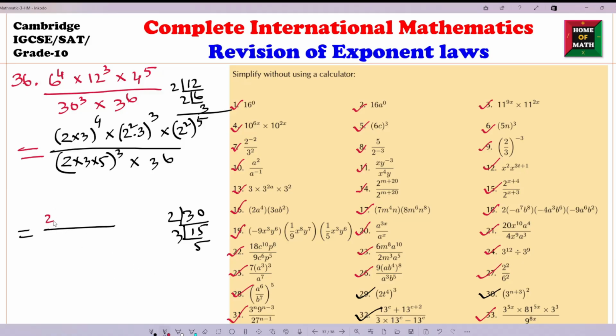Now look, 2 to the power 4 times 3 to the power 4 times, here is 2 squared, it means 2 to the power 6 times 3 to the power 3 times 2 squared to the power 5, it means 2 to the power 10, right? And here is 2 cubed times 3 cubed times 5 cubed, and 3 to the power 6. So this one we have written clearly.